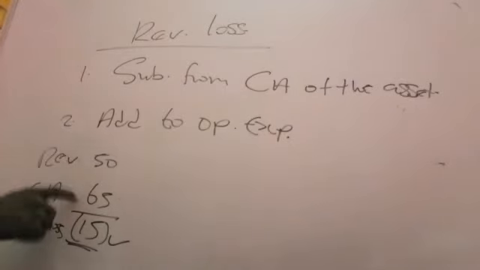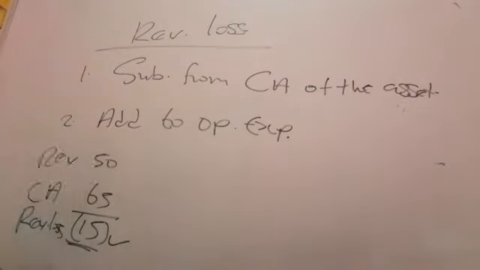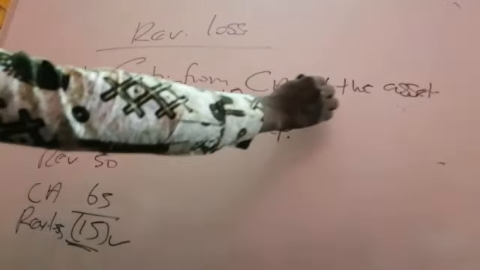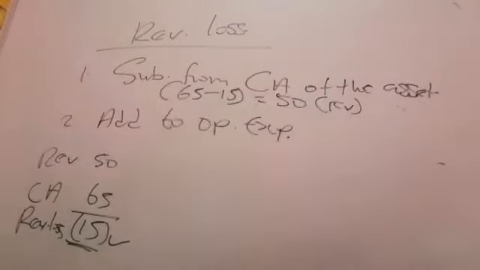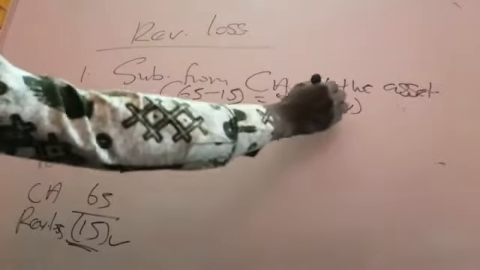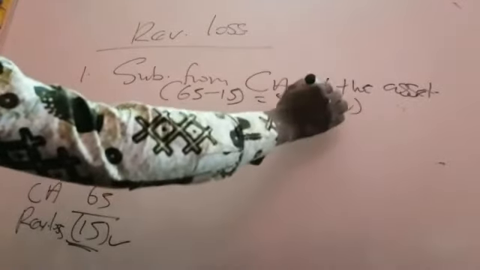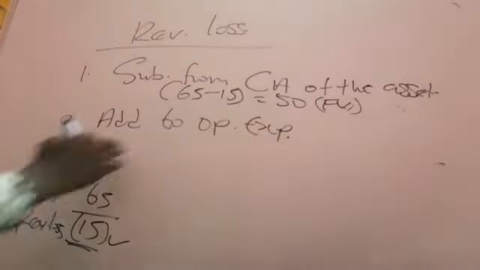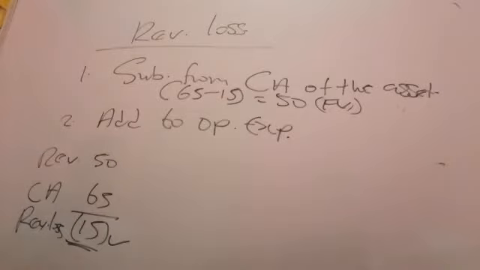The current amount must be restated to the fair value. So 65 less 15, the asset value now will be 50, which is the same as the fair value. Then add it to the operating expenses. So in your P&L, expense 15.